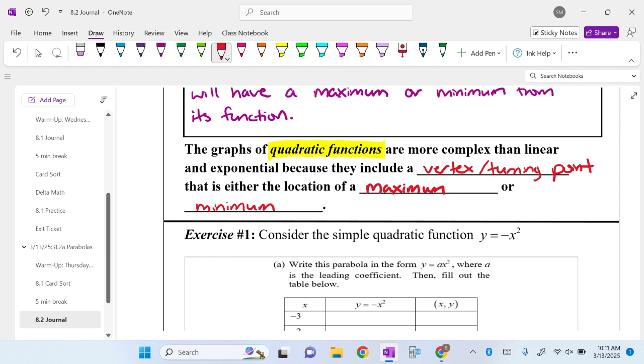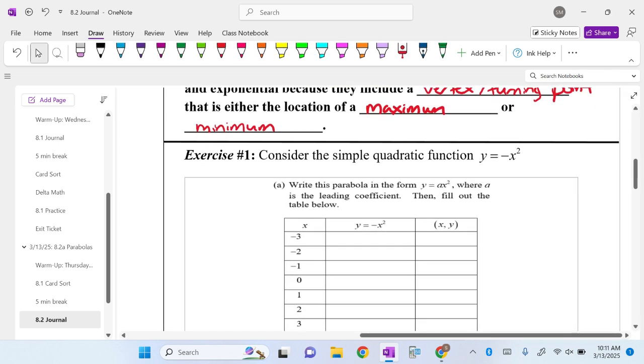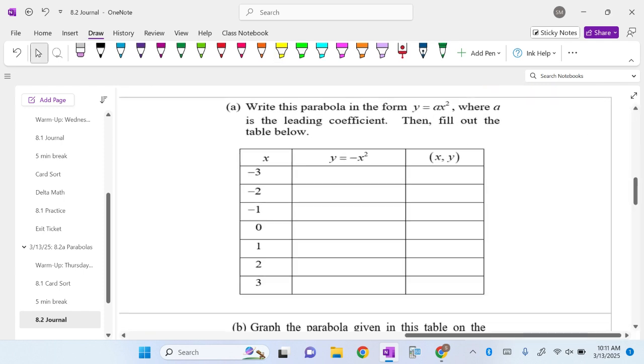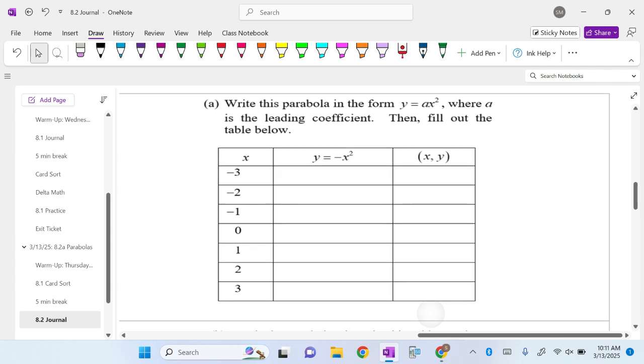Now, we're going to do a little bit of discovery here. What we're going to do with this next exercise is look at a very simple quadratic function, which is y equals negative x squared. That is a quadratic function. It contains that x squared. And we're going to fill out this table to get us some points, because our end goal is to find the points that we can graph.